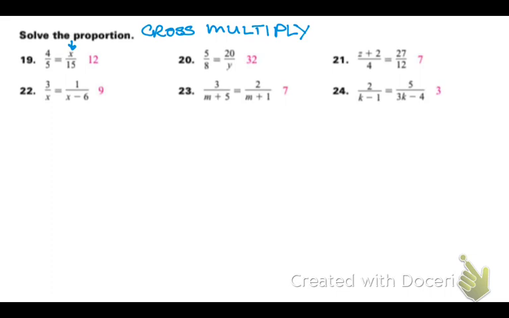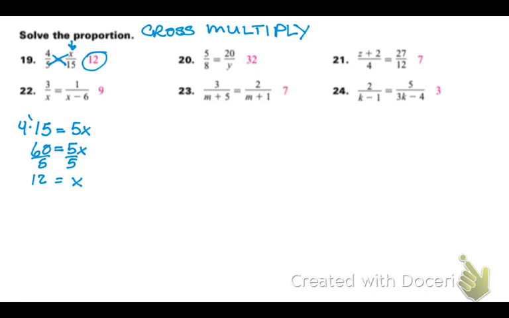So we cross multiply: 4 times 15 is equal to x times 5, or 5x. 4 times 15 is 60, equal to 5x. Divide both sides by 5, and x is equal to 12. And there we go, we got it right.